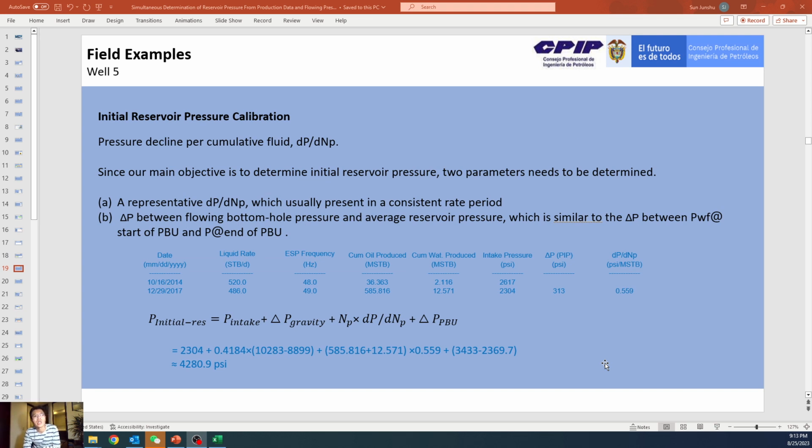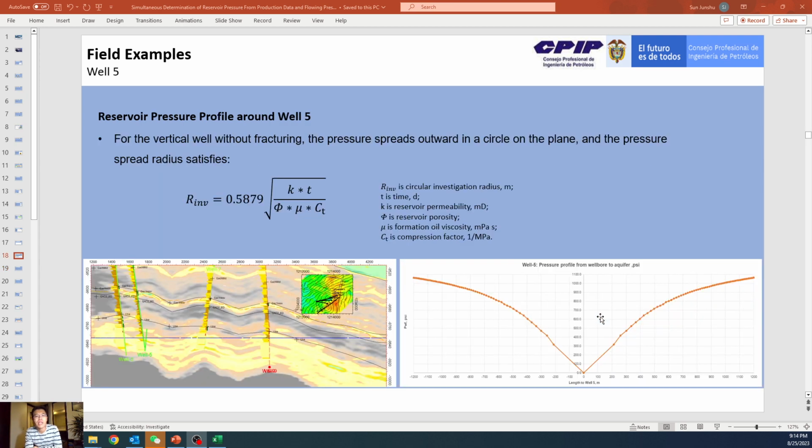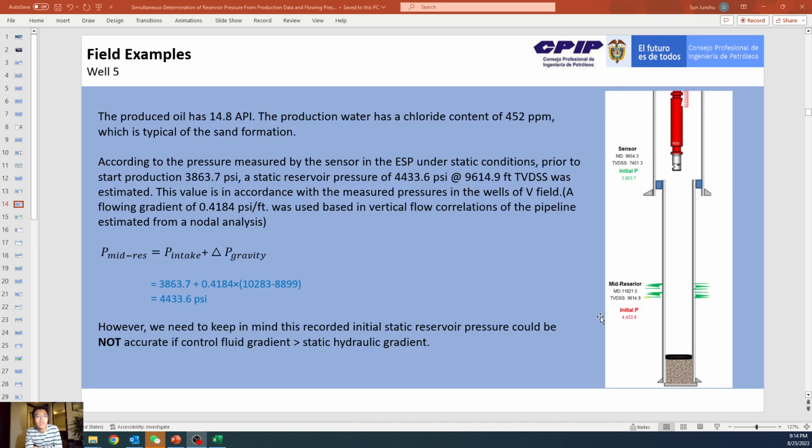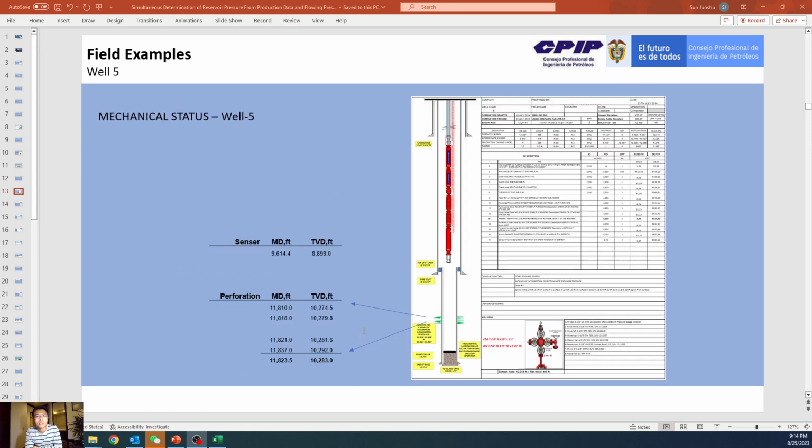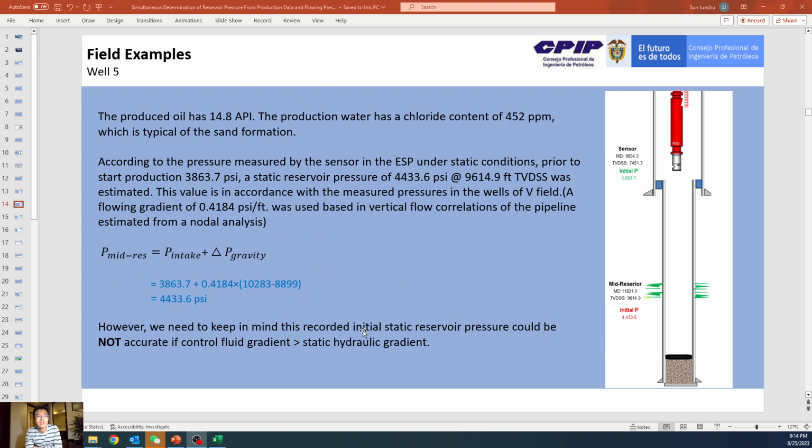Initial reservoir pressure calibration. Previously, we introduced that the static pressure before start of production is 4,433.6 psi.